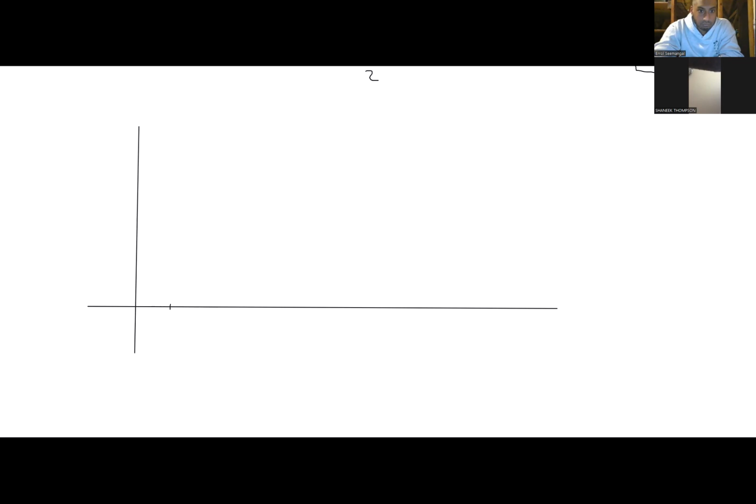There's 1, 2, 3, 4, 5, 6, 7, 8. How many do you have? You have 1, 2, 3, 4, 5, 6, 7, 8, 9, 10, 11, 12. Okay, 12 ticks on the x-axis: 1, 2, 3, 4, 5, 6, 7, 8, 4 more, 9, 10, 11, 12.